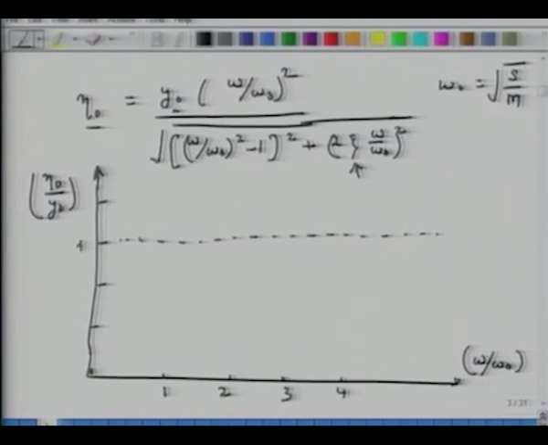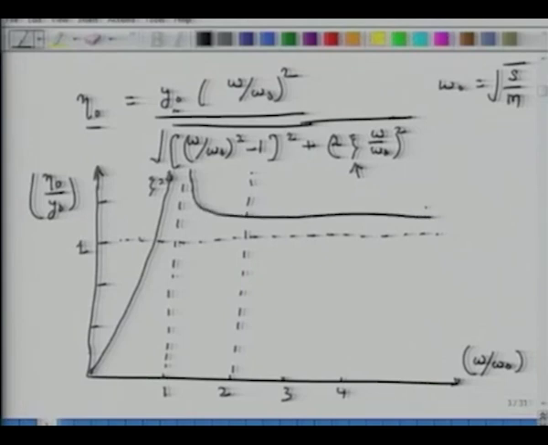So let's say this is 1. These are very standard curves, and what the curves look like is this: this is eta equals 0, and then it comes down and has some sort of an asymptotic relationship as omega goes to infinity.